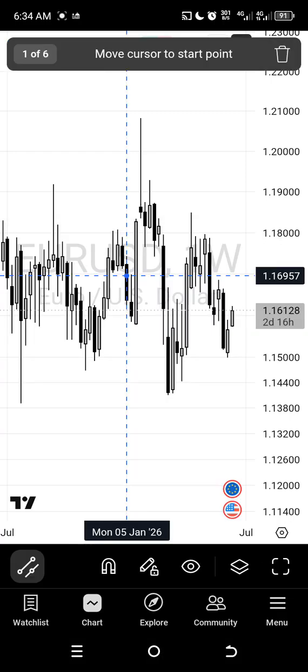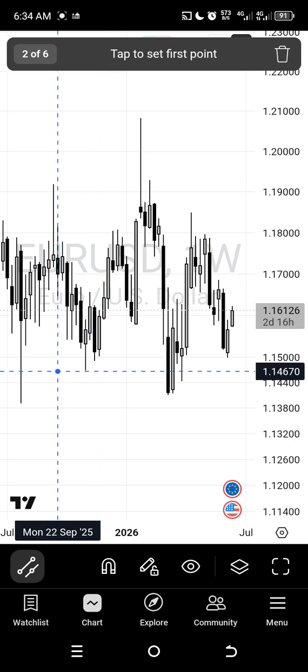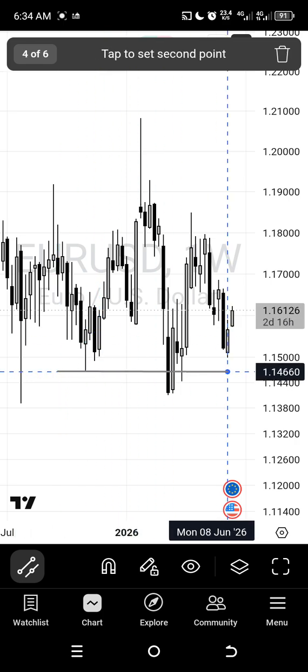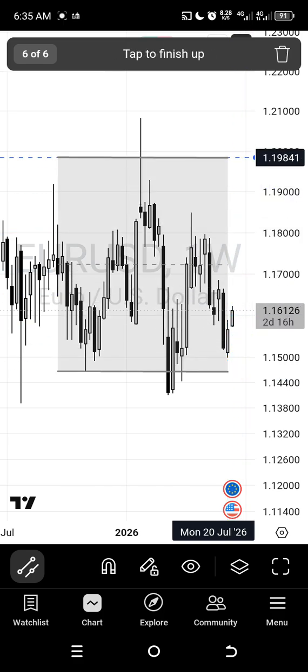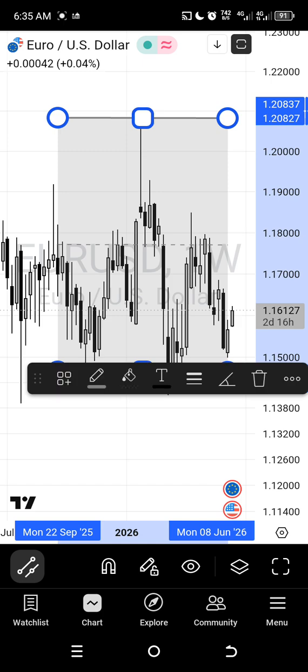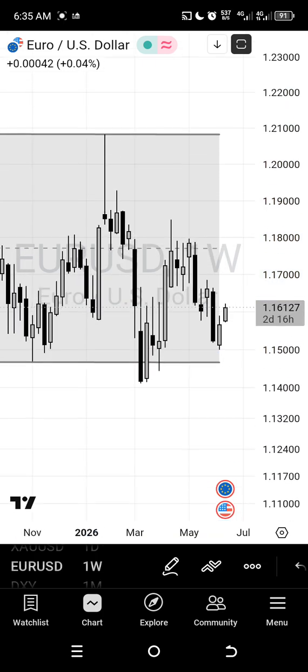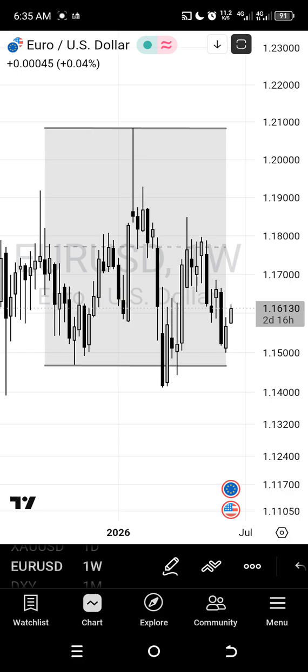what you can see from the left hand side to the right hand side is a range, and that range is made up of a range low and a range high. Price took the range low with a bearish down close candle.